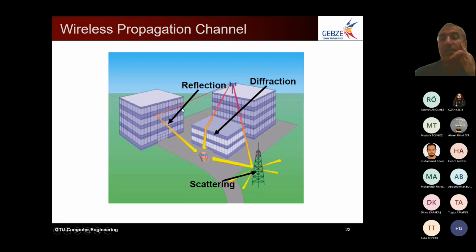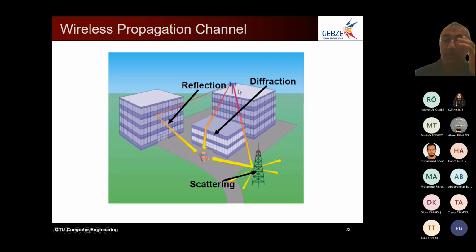So each of these different phenomena has some condition. It depends on the signal wavelength compared to the size of the objects, which is in this case a building. So if it satisfies the reflection condition, it reflects the signal. Another phenomenon is called diffraction. So this one has some condition also. And this signal diffracts, it changes its way.